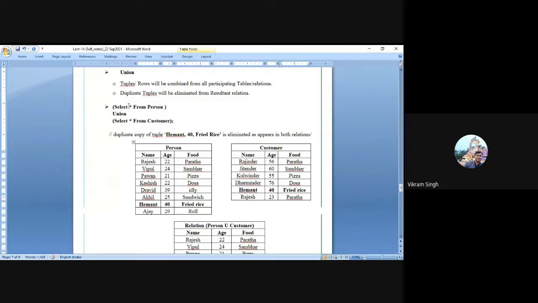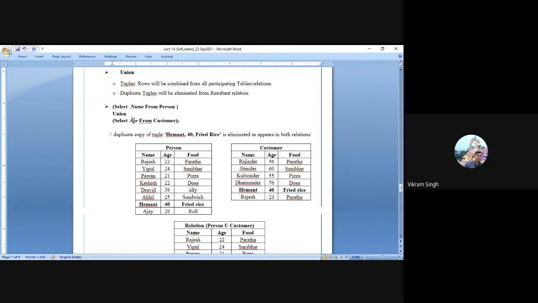Like you cannot combine, if I write here name and here age, the system will not be able to combine these two, because in the very first query we are trying to fetch the name of the individual, which has an altogether different domain, and similarly in the second query we are trying to fetch the age value, which has a different domain.